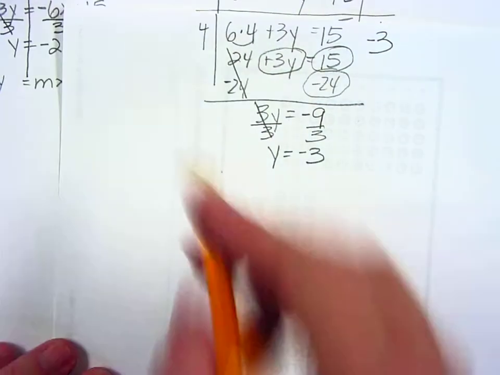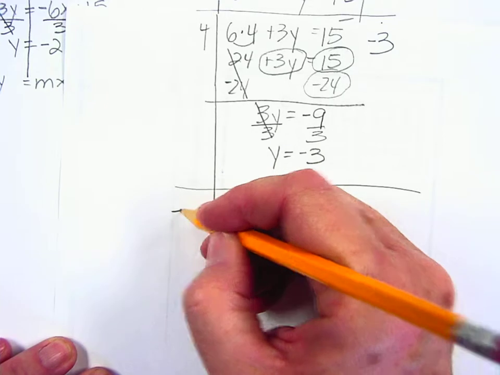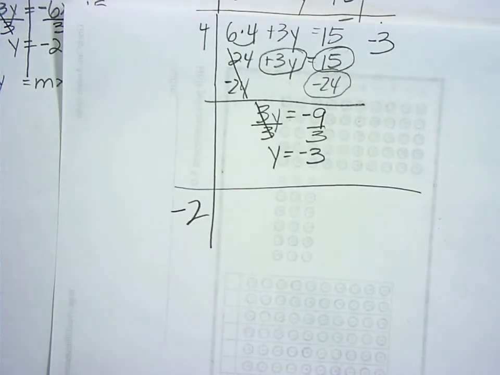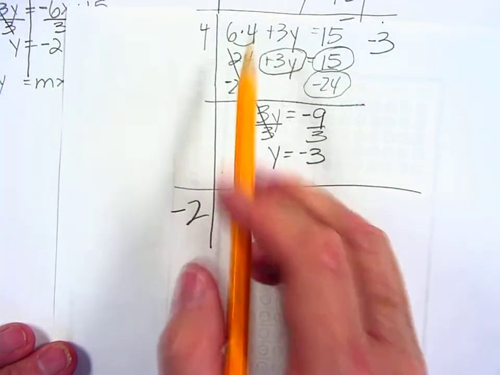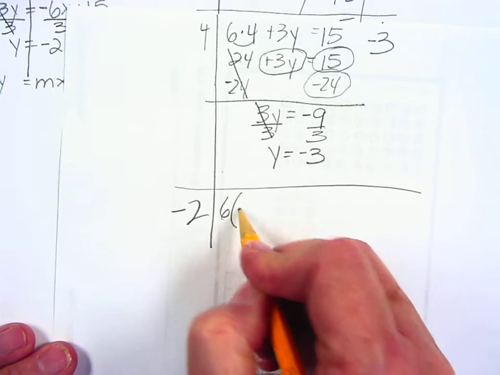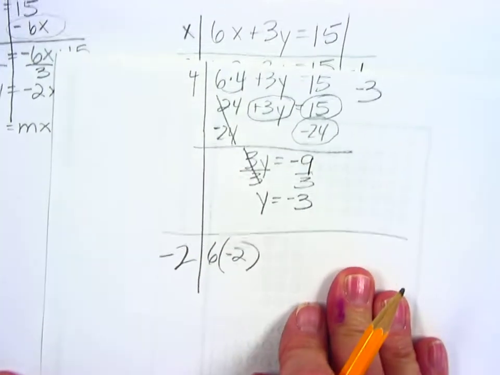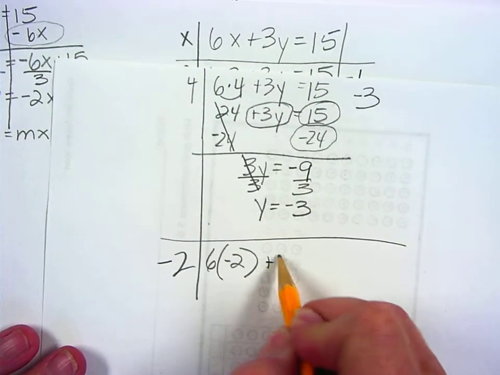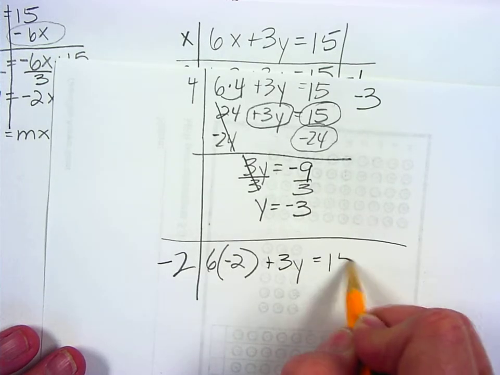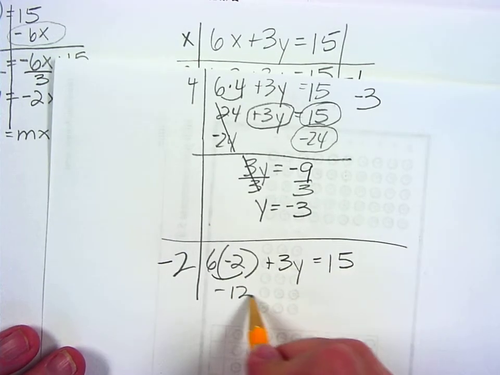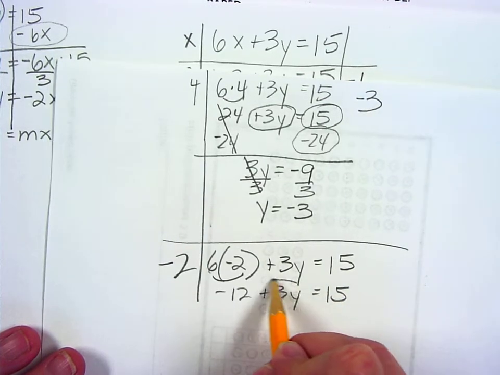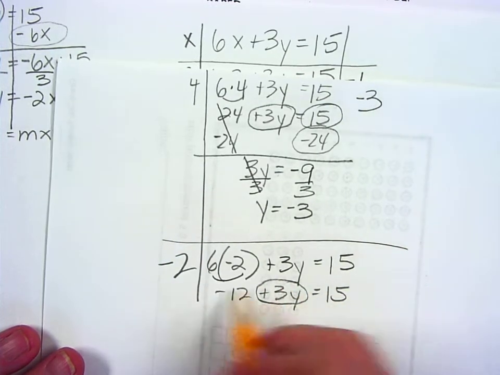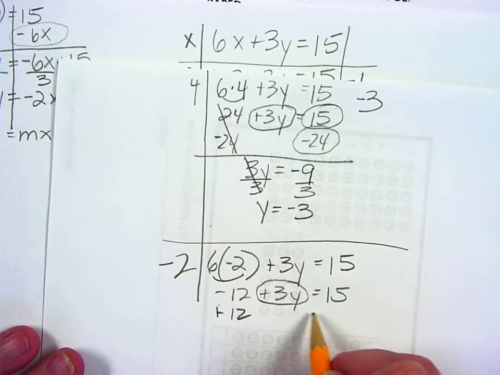Okay, and then we're going to make y equal negative 2. So 6x would be 6 times negative 2 plus 3y equals 15. Negative 12 plus 3y equals 15. I want to get y alone, so I'm going to add 12 to both sides.